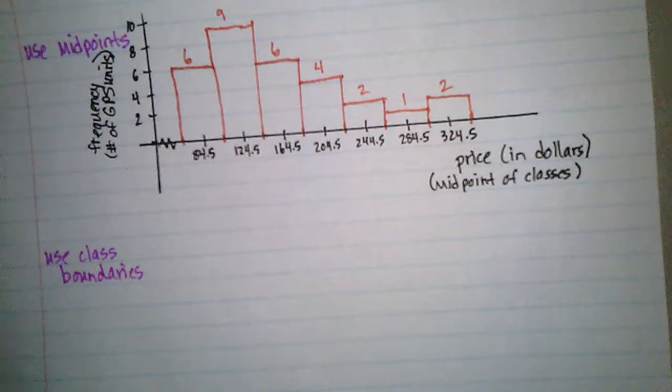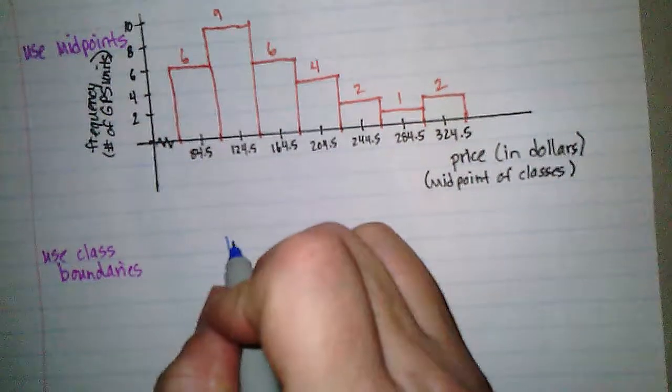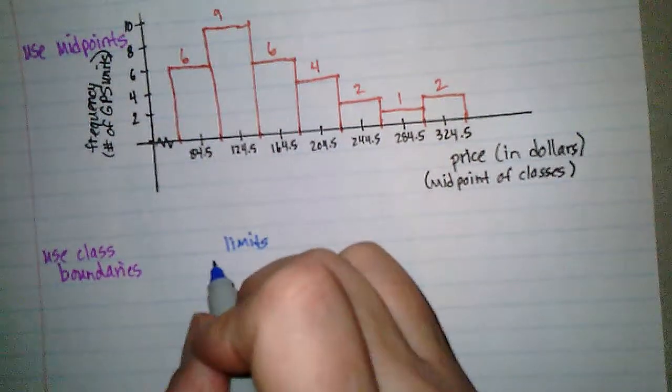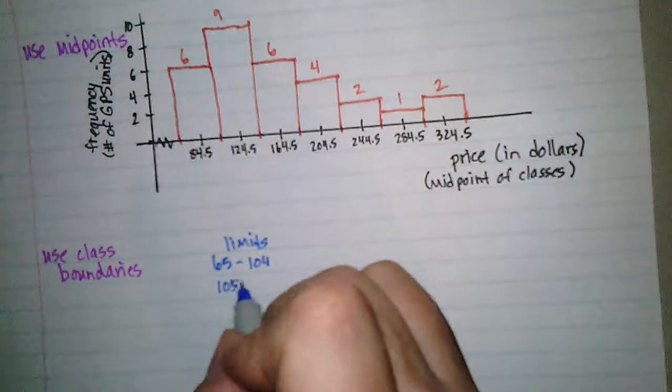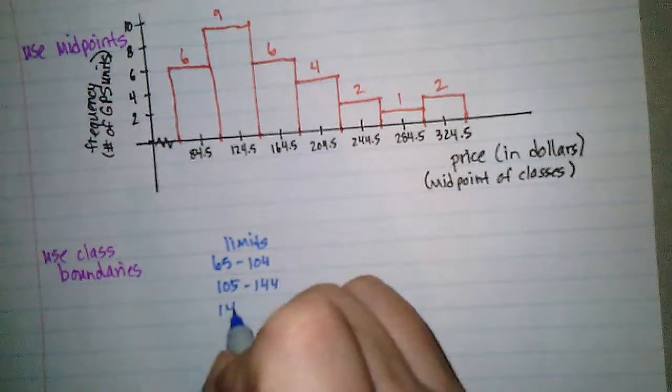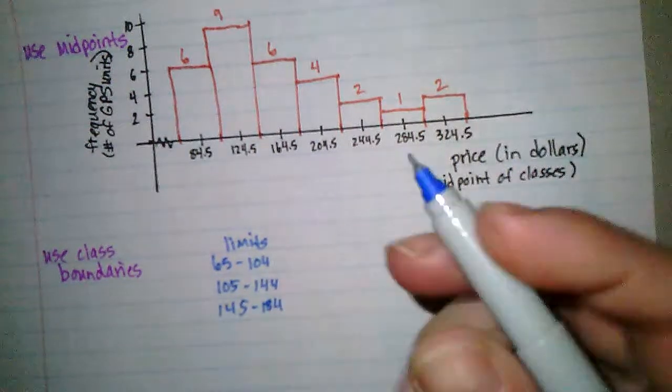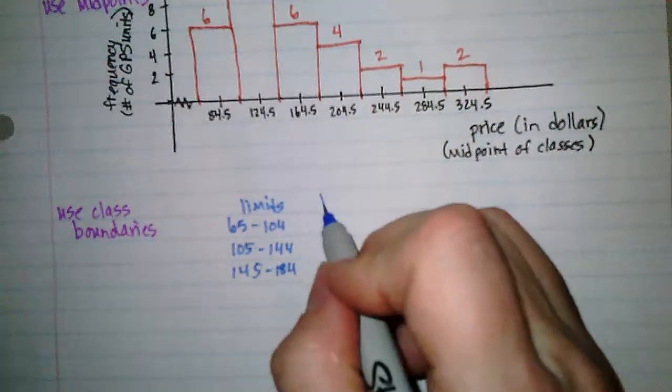So let's figure out what our class boundaries are based on our class limits. So remember that our limits were 65 to 104, and then 105 to 144, 145 to 184, etc. I'm not going to write them all down.